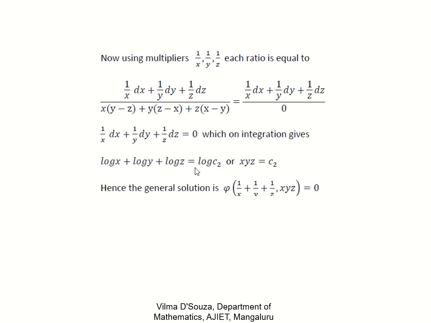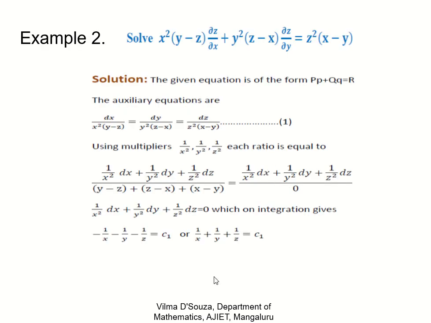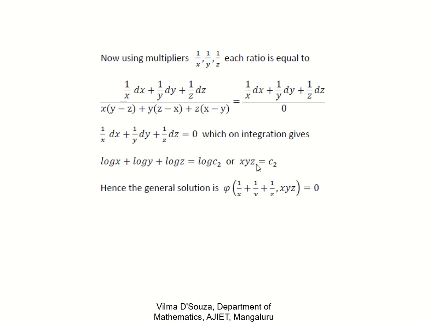Log of xyz is equal to log c2, or xyz is c2. So hence the general solution is phi of u comma v equal to 0. What is your u? 1 by x plus 1 by y plus 1 by z, and what is v? xyz. So your solution is phi of 1 by x plus 1 by y plus 1 by z, comma xyz, is equal to 0.